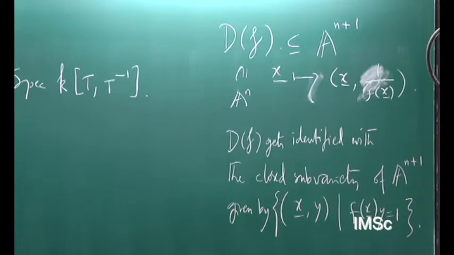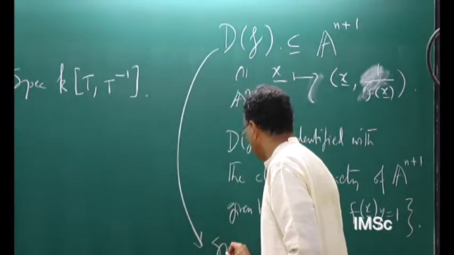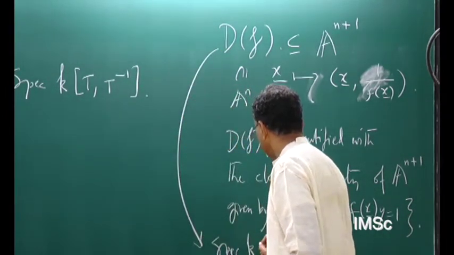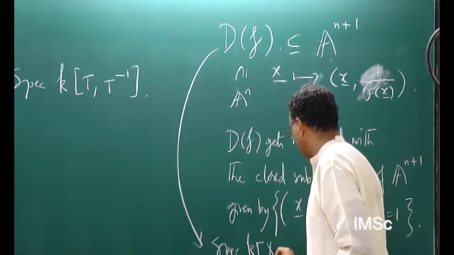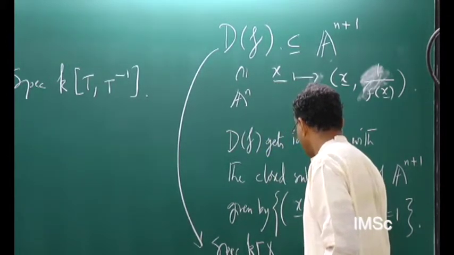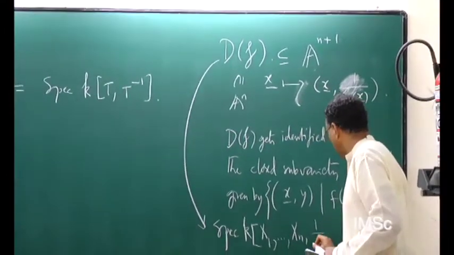Another way to think about it, if you wish, is just Spec of K[X] and then adjoin 1 over f.